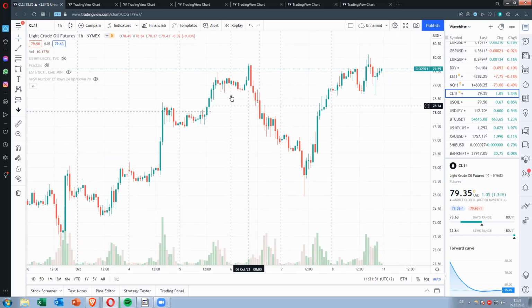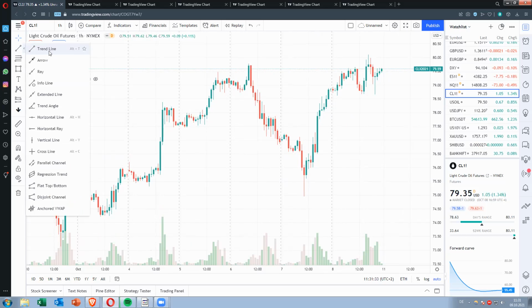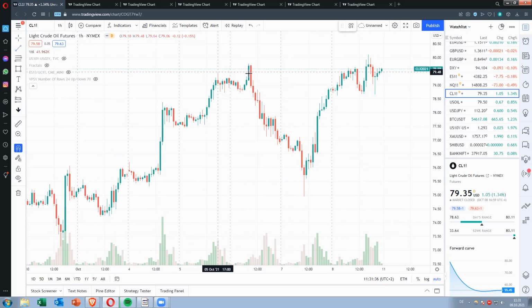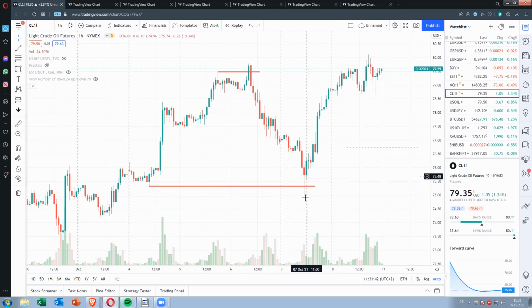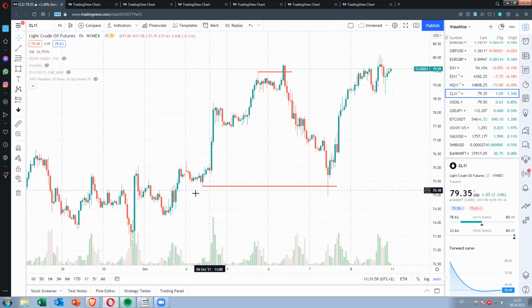Pins are always important because if you look, maybe there is no pin bar here, okay? But you see this is like liquidity, and then it pins back in the range. This is not acceptance of price, this is rejection of price. They don't accept lower prices on oil. And then you have this beautiful order block here, of course, which can help you out a little bit. And from there it just goes.